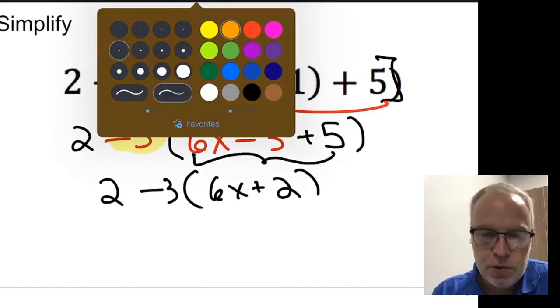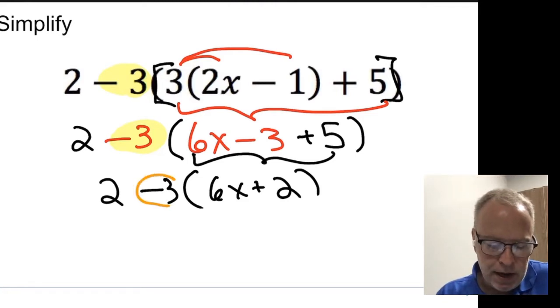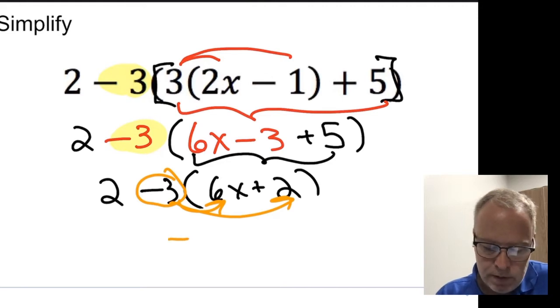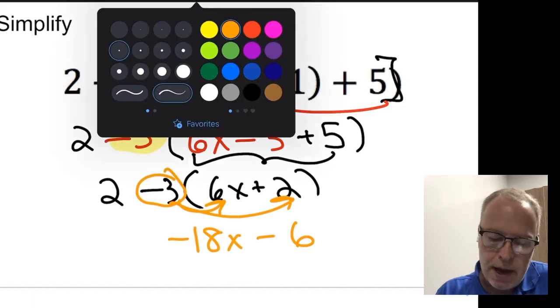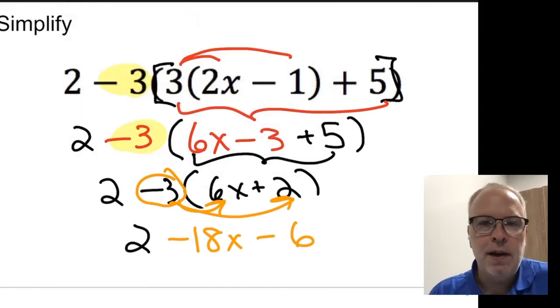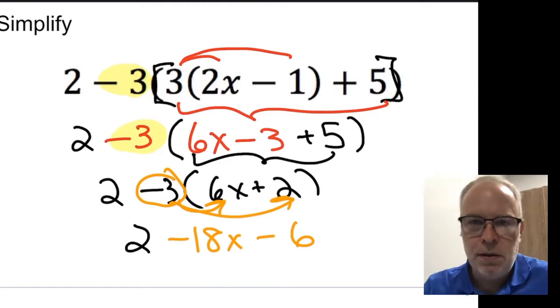We can't do 2 minus 3. Remember, we already said, so don't try because you can't do it. Negative 3 is going to get multiplied. Here we get negative 18x minus 6. And the 2 is just waiting patiently until the very end here. See, the numbers are my friends, so talk to them like they're my friends.